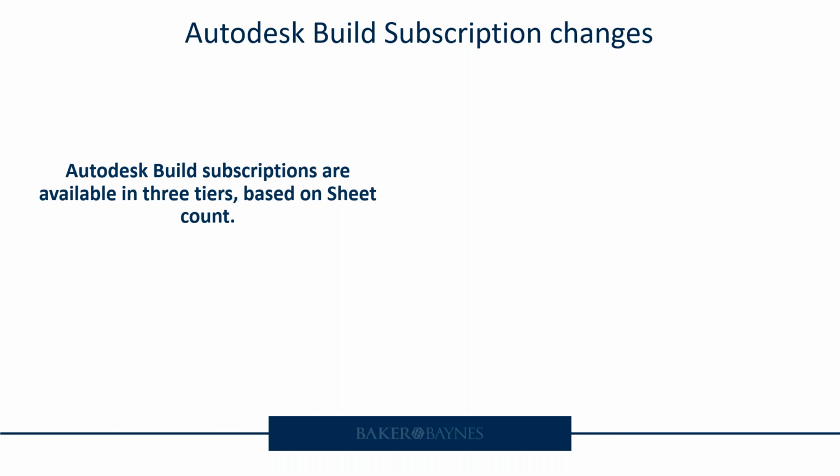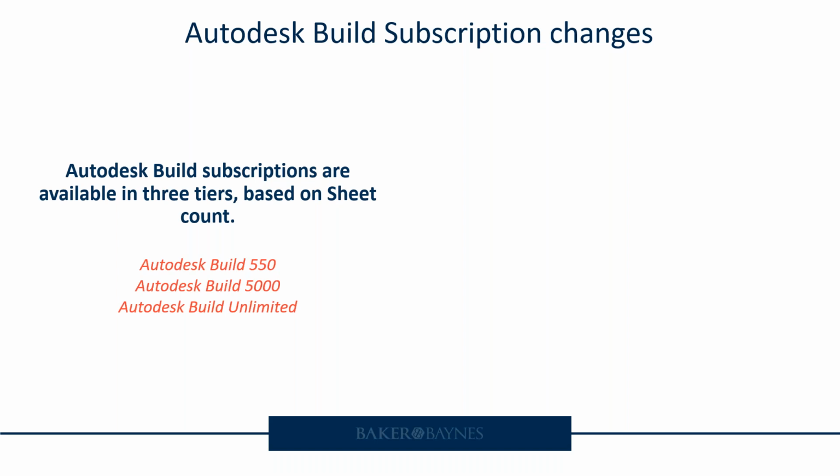This is different in Autodesk Build. The subscriptions are available in 3 tiers. When I looked at this the first time, I was very confused, and as soon as I really got it, it made a lot of sense, and I think this is a great idea. There's Autodesk Build 550, Autodesk Build 5000, and then Autodesk Build Unlimited.